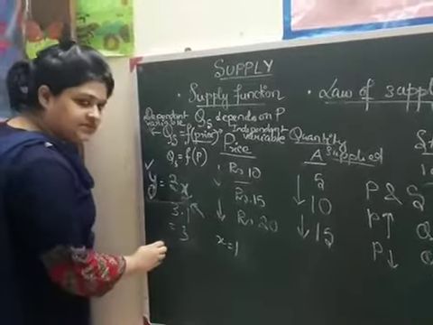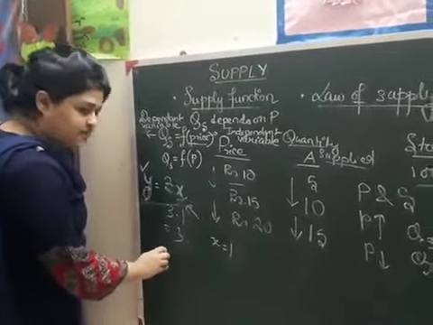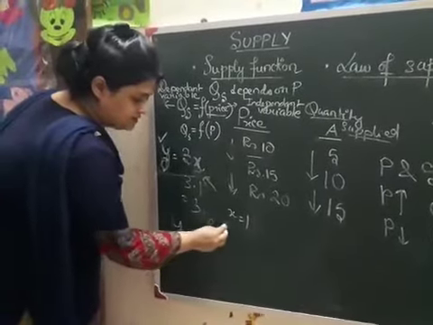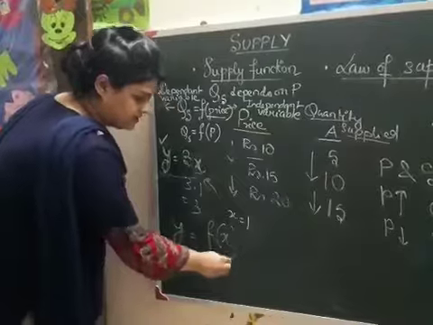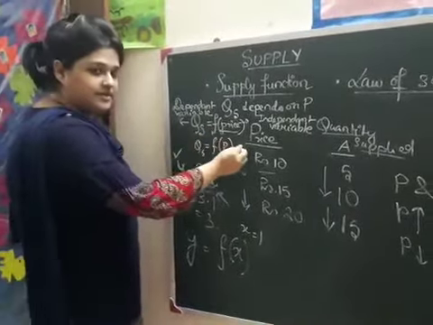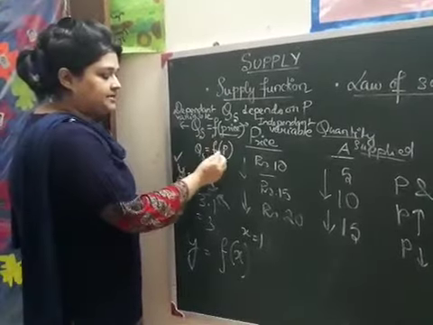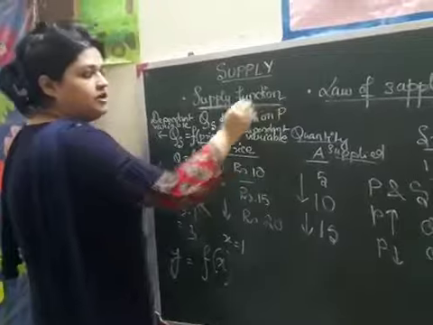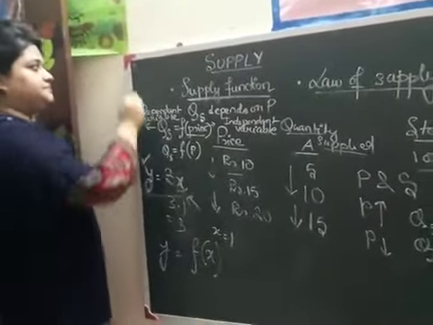So how will we present this? In a functional relation, y is depending on x means y is a function of x. Similarly, quantity supplied depends on price level. So quantity supplied is a function of price. So we are done with function, supply function.